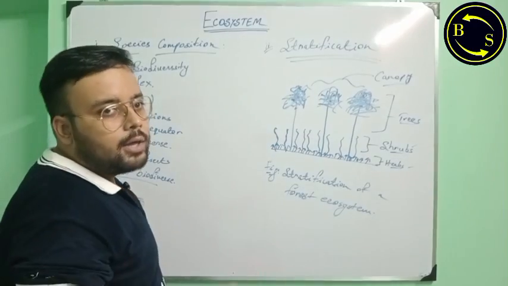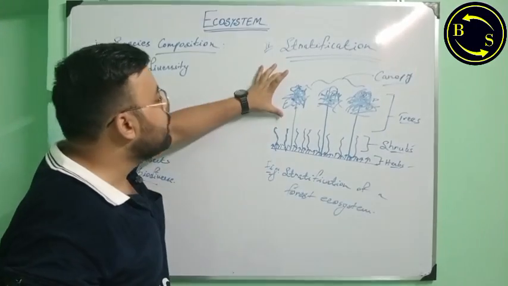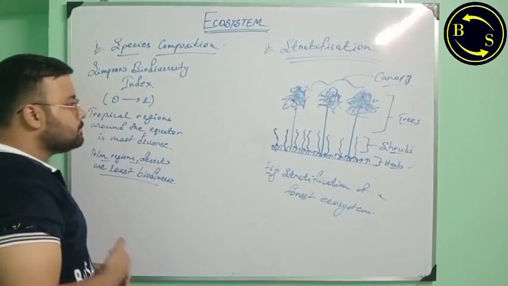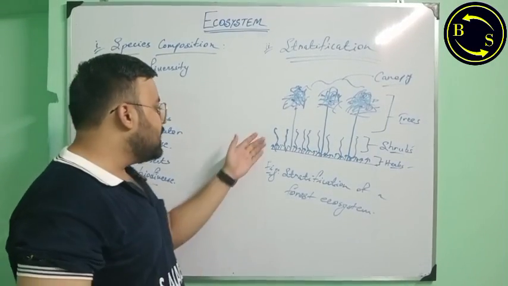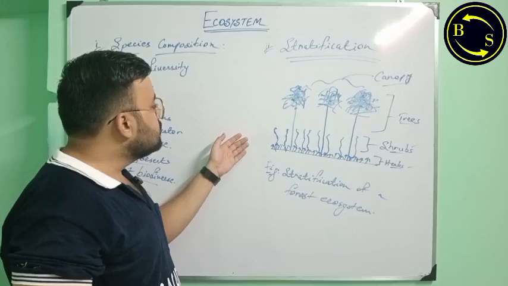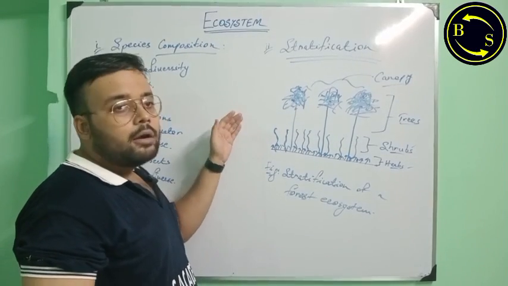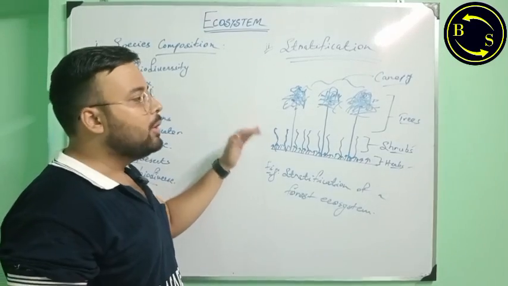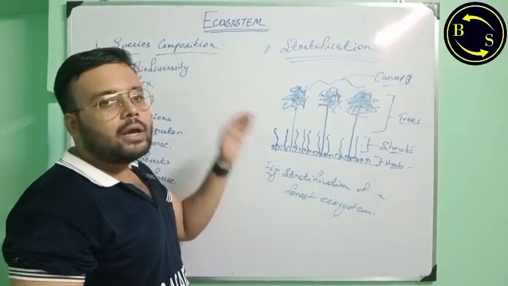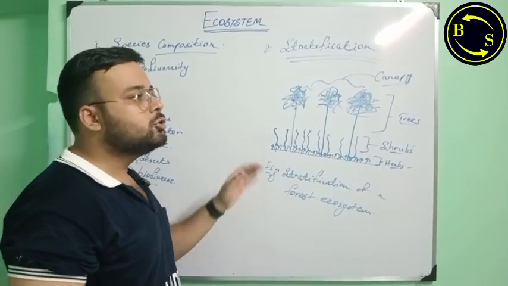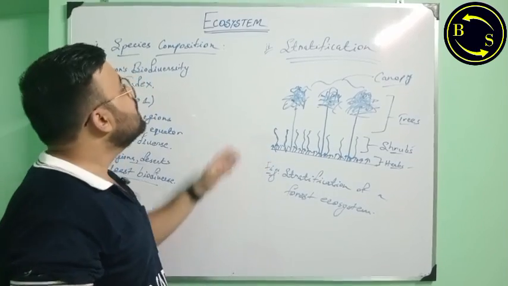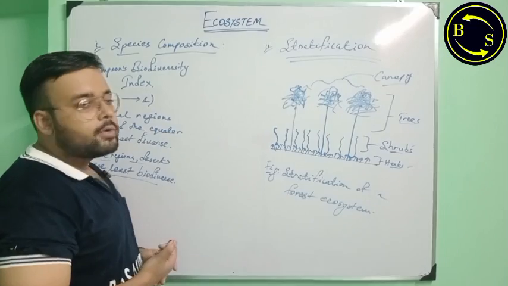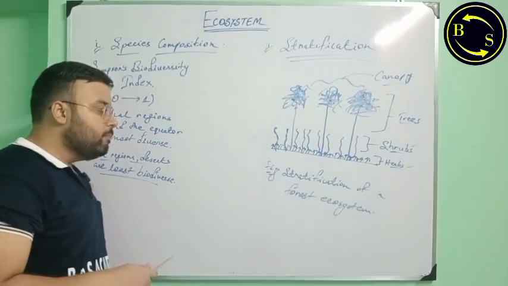They are known as arboreal animals. So they are restricted in this canopy region or the tree region. So stratification of a forest ecosystem also results in resource partitioning between different groups of animal species or between different communities. So there is reduced competition and reduced pressure on a particular kind of resource. So stratification is also one of the very important components of the ecosystem.